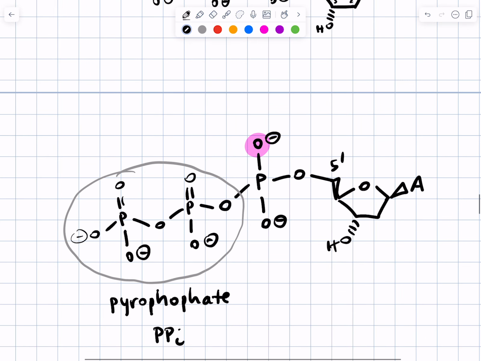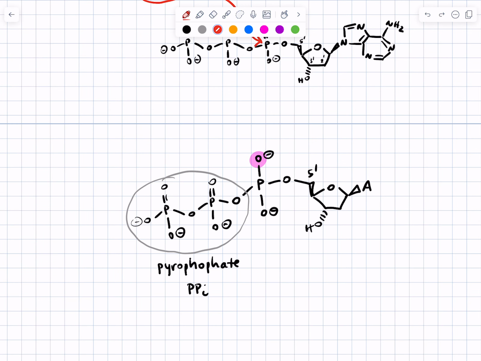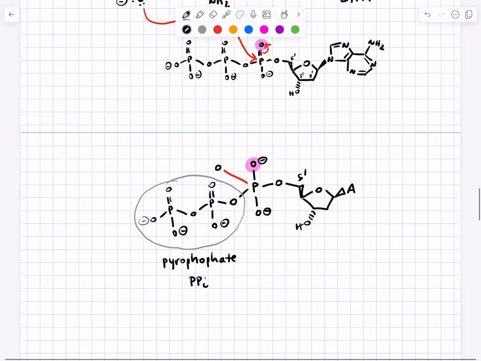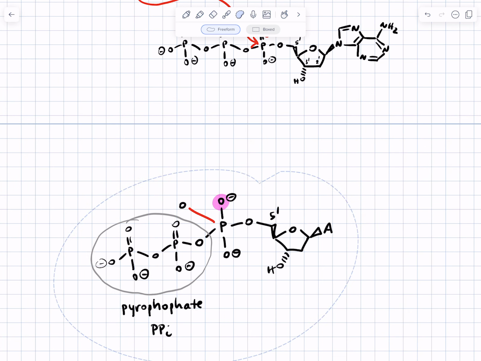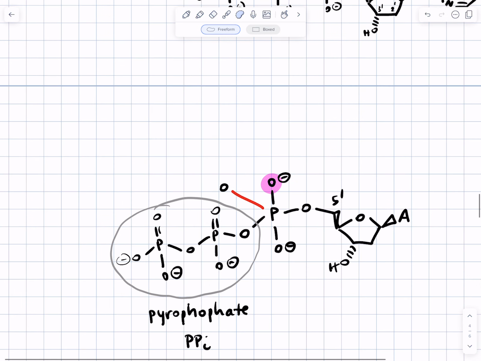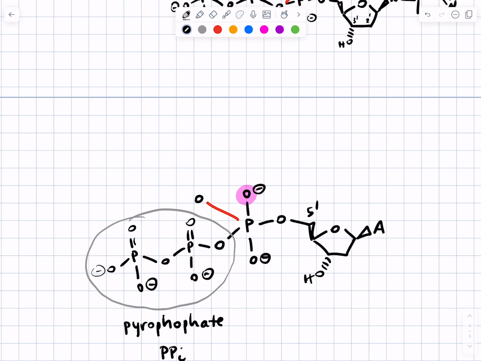Lastly, we have the new bond that we just made, which I'll highlight in red. And that's the bond to the 3' hydroxy group of the dGMP base that we used as our nucleophile. So we'll draw the rest of that here. We'll put the G here.